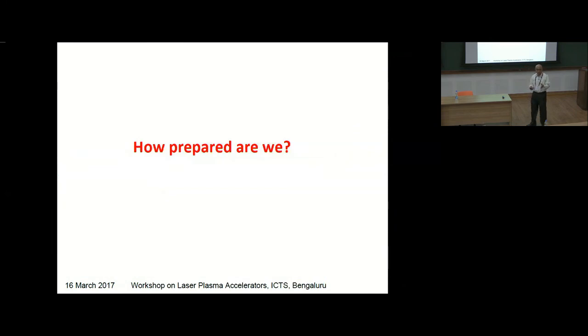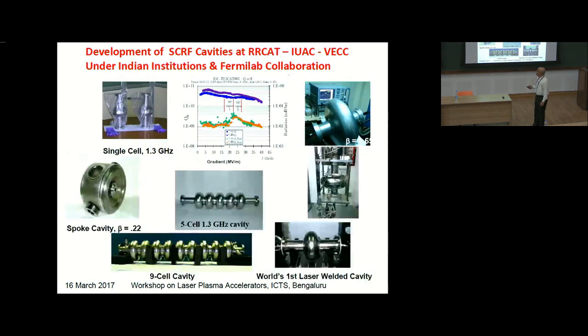So in India, what preparations have you done so far for the future for these things? One is the development of superconducting RF cavities, in a combination of RRCAT, IUAC and VECC collaboration under Indian Institutions-Fermilab. First we made single cell 1.3 gigahertz cavities, the very first two.